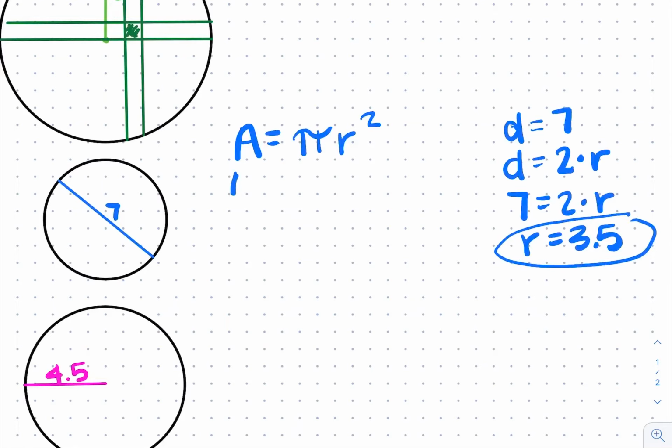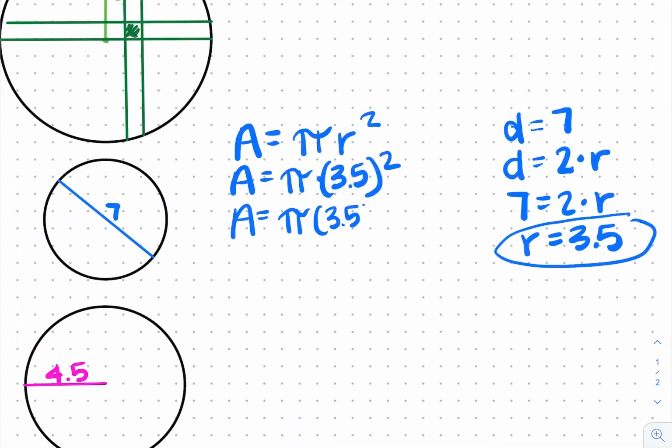So area equals pi times 3.5. I'm sorry, I made that like a multiplication, 3.5 squared. Area equals pi times 3.5 times 3.5.